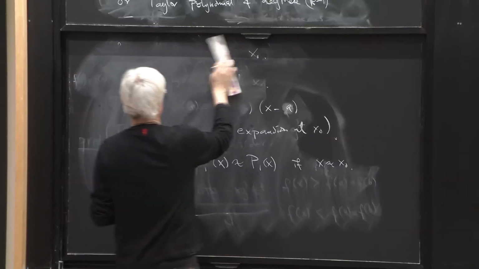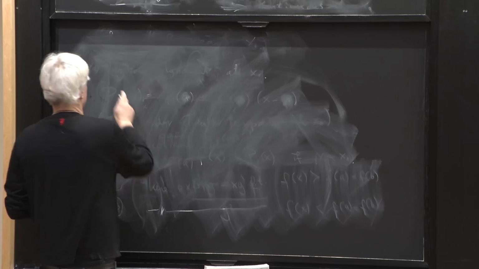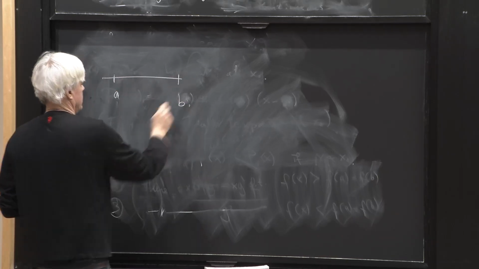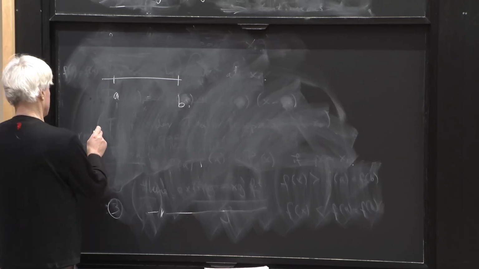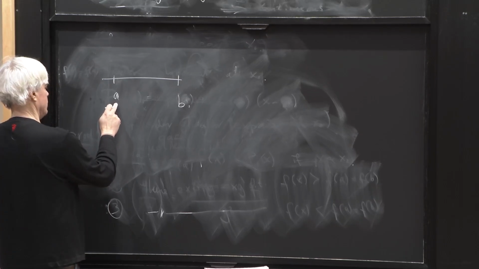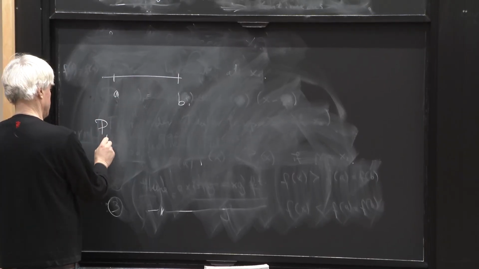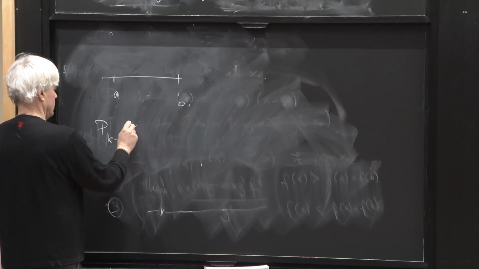So you take, again, you have here A and you have B. Let me write it with A and B instead of with X, because I think it's a little clearer. So the polynomial is where you expand around A, and this is the k minus 1 polynomial.